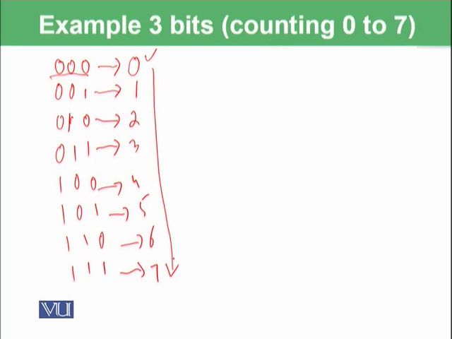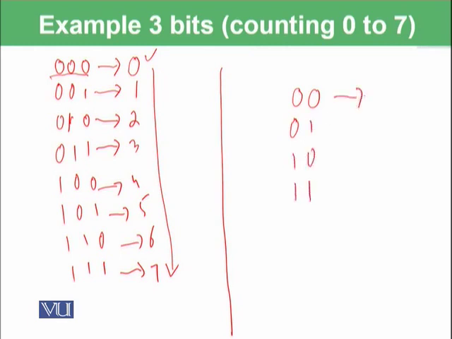So we can represent 8 numbers, and the maximum number which we can represent with 3 bits is 7. If we take another example of 2 bits, we can write 00, 01, 10, and 11. So this would be 0, 1, 2, and 3. With 2 bits we can represent 4 numbers ranging from 0 to 3.